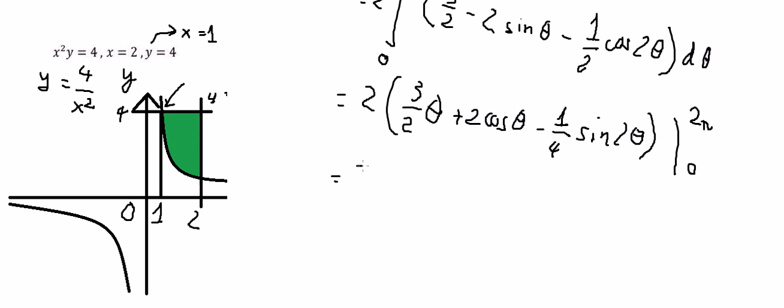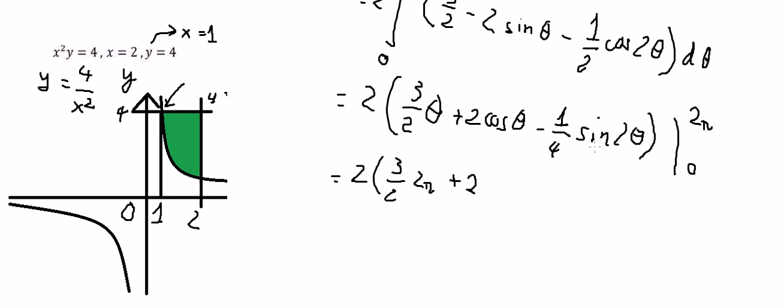So we get 3 over 2 theta. We put 2π in here, and you get 3π.